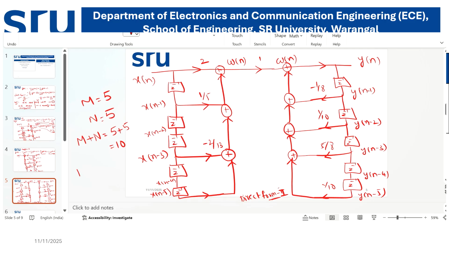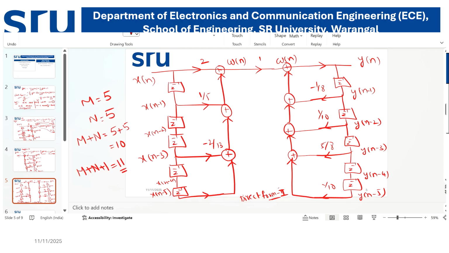Next, the number of memory locations required for direct form 1 is 5 plus 5 plus 1, that is 11 memory locations required to generate this. So the number of additions and multiplications required is 10, and the number of memory locations required for the direct form 1 structure is 11.